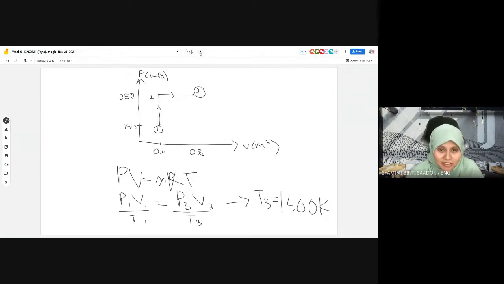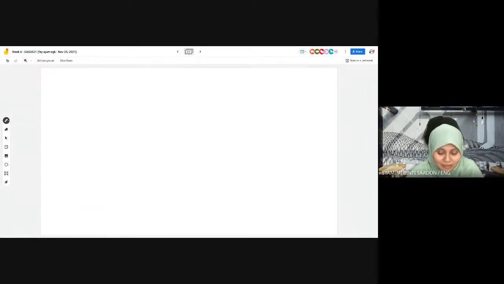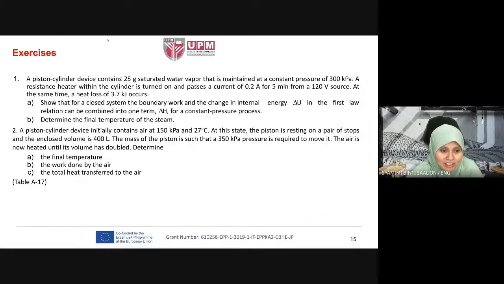Okay, next, B. The work done. The work done is the boundary work, PV, the work done by the air from state 1 to state 3. From state 1 to state 2, the volume is constant, so there is no boundary work done.